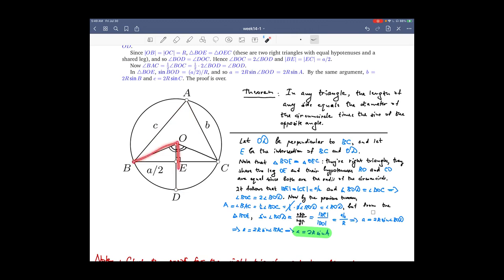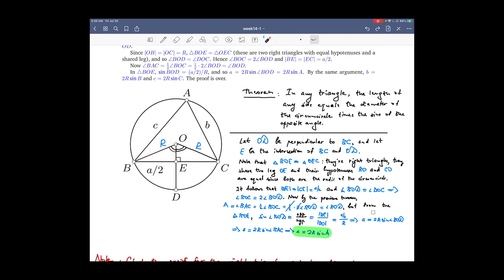Now we work with the angle BOD using the right triangle BOE. In this right triangle, sine of the angle BOD is the opposite leg, a over 2, divided by the hypotenuse, which is R. From here it follows that the opposite leg, a over 2, equals R times sine of the angle BOD.